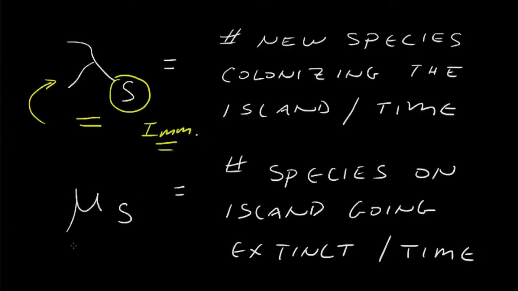The next term then is this term mu, and mu will also have a sub S. And that's basically the number of species on an island that are also going extinct per some unit of time. And we want to find the balance between the two. So this is going to represent our extinction side of things, and this will represent our immigration side of things.